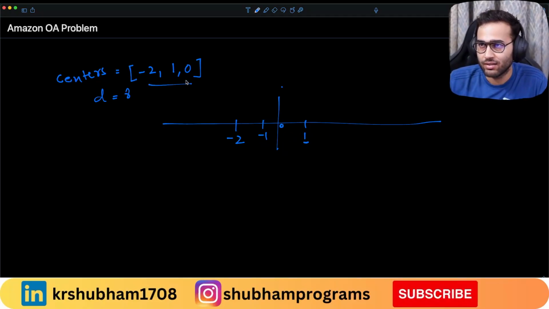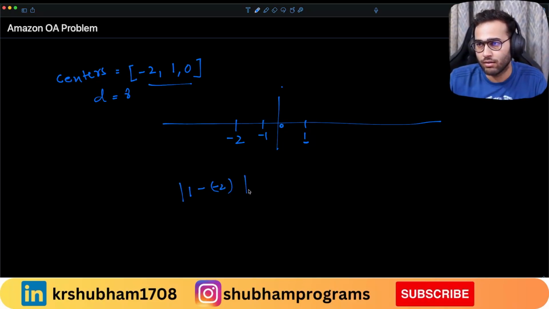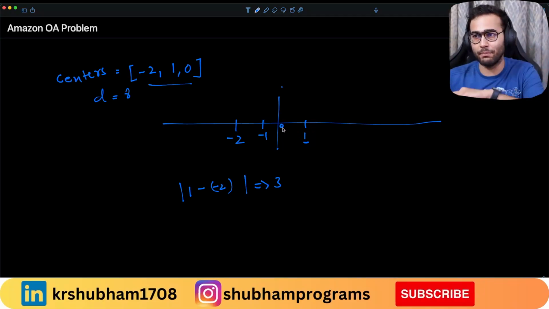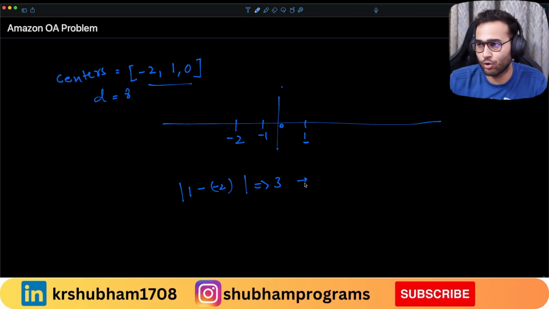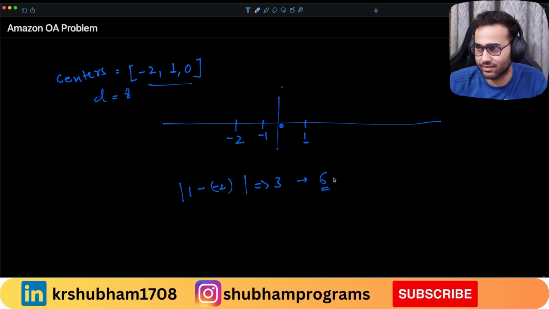What are the centers? So let's say from 1 we go to -2. The distance is 3, right? And then we come back. So we have to go and come back. So that will be a total of 6 distance.